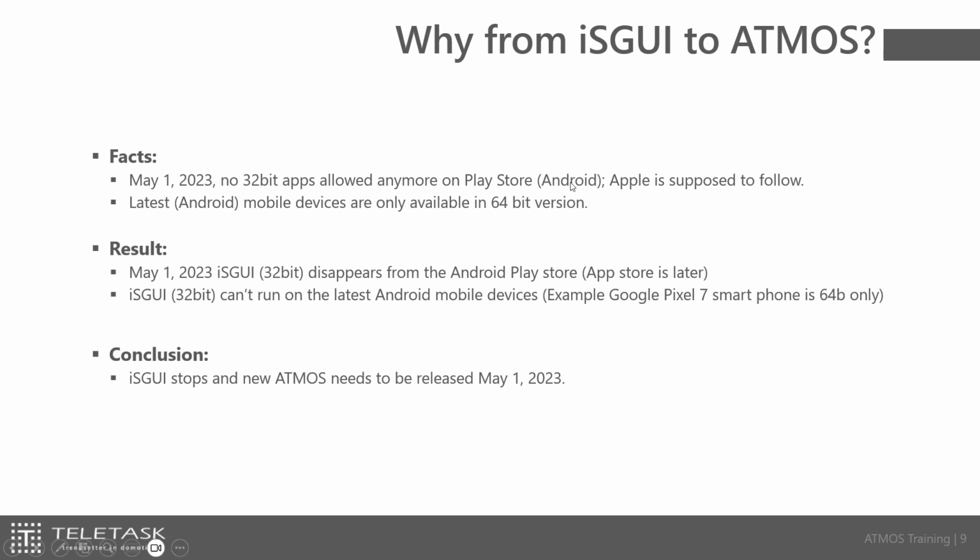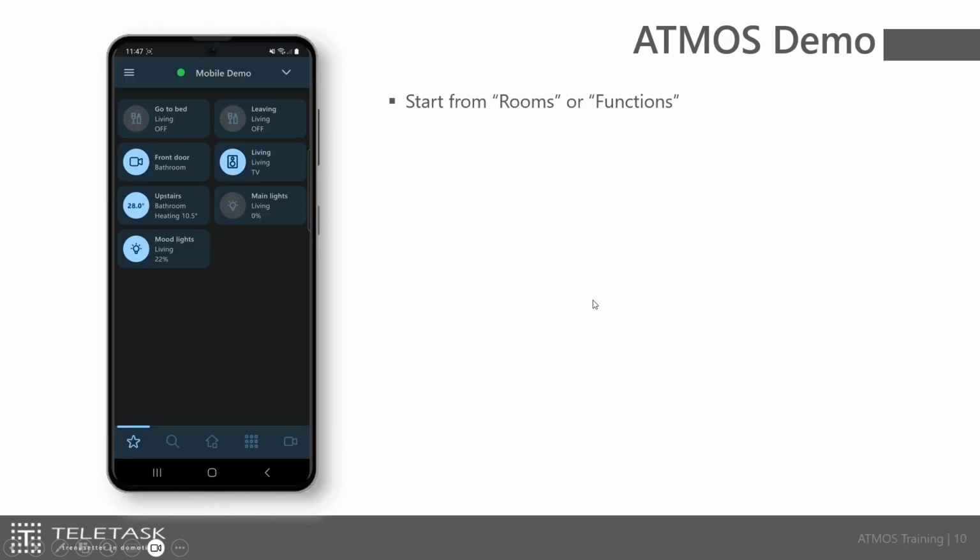So even if it would be on the store, 32-bit, you cannot install it anymore on these devices. So the result is that the Android application will disappear on the side of Android, and 32-bit cannot be run on these newest mobile devices, so we need to move to 64-bit. So ISGUI stops and we go to the ATMOS application.